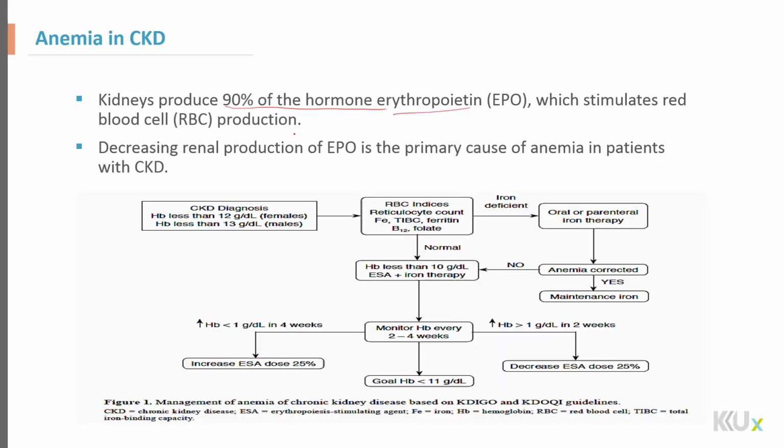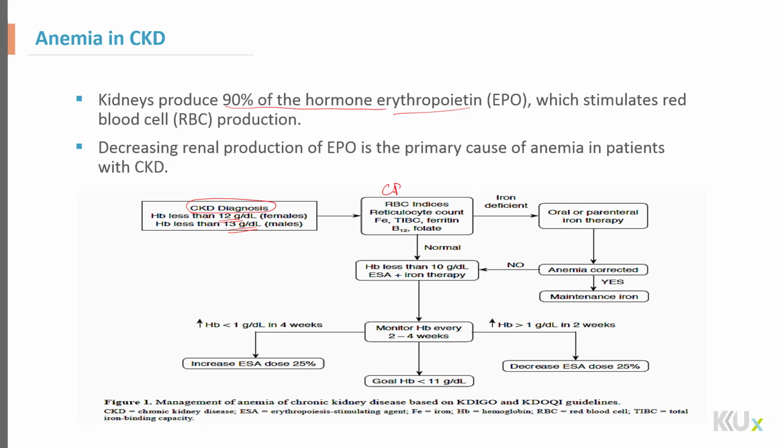So if we diagnose the patient with chronic kidney disease and we find the hemoglobin is less than 12 in females and 13 in males, we should make some investigations to define the cause of anemia.